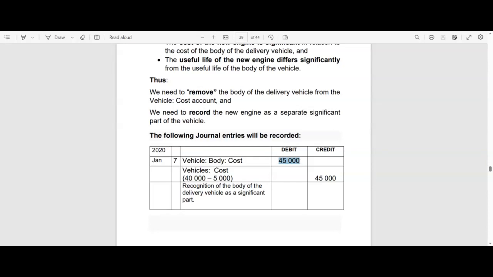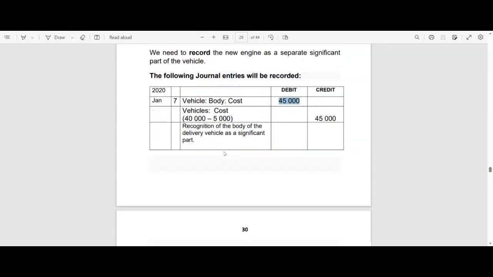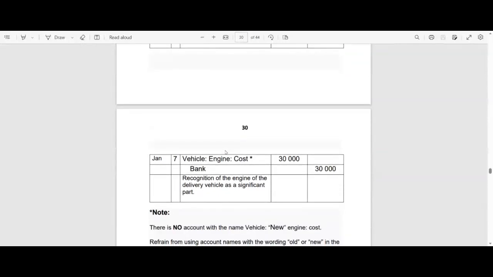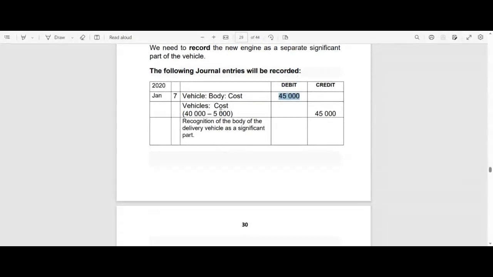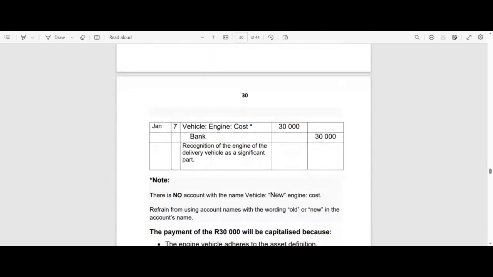And then we've acquired this new engine, ladies and gentlemen, which we also now need to go and capitalize. But now remember that new engine was never part of the vehicle cost account. This is now a new engine that we are acquiring. So we also now have to go and create a new ledger account for it, right? What are we going to call it? Name of the overall category of assets, which is vehicles.